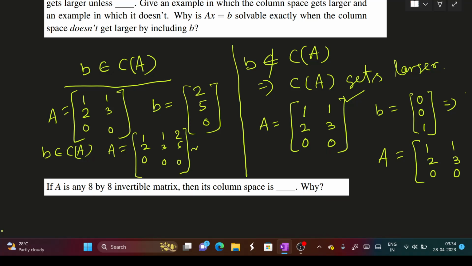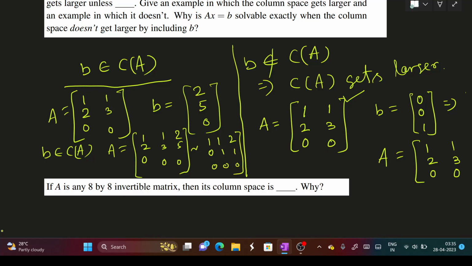After getting echelon form, what is it? It is 1, 2, 0. Second row minus twice the first row gives me the new second row, that is 0, 1, 0, and the third column is 0, 0, 0.